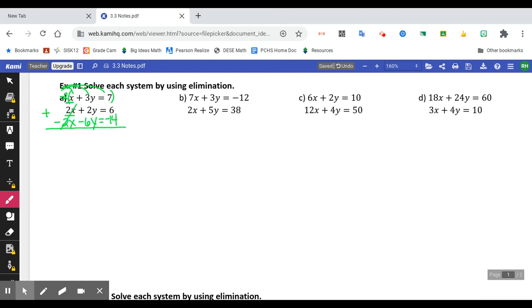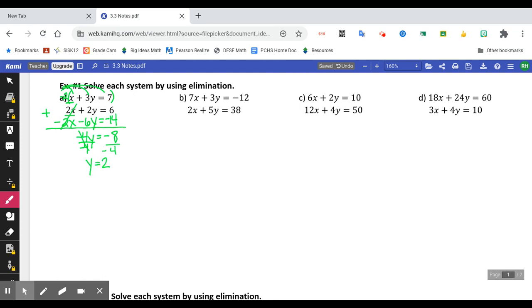It's eliminated. 2 plus -6 gives me -4y. And 6 plus -14 gives me -8. Now I have a one-step problem. Divide by -4 on both sides, and y equals 2.